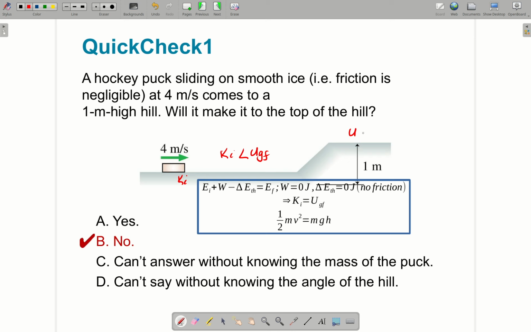Here we have only final gravitational potential energy, mgh. K final here is 0. Minimum. Initial kinetic energy 1/2 m v squared. Then, since this is the case, it can't go up there. It will maybe go a little bit and fall back down.